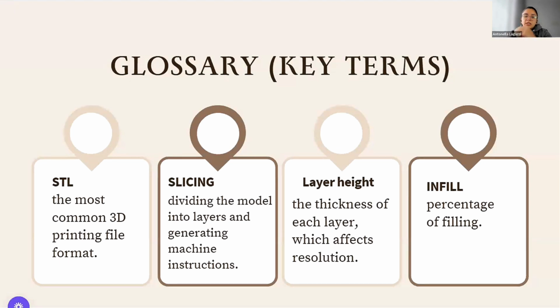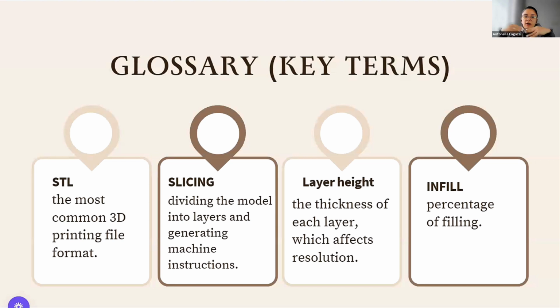That is very important because this parameter affects resolution. That is another characteristic of a 3D printed part. If you have a high layer height, you could see the layers in the final part, and maybe you are talking about low resolution.